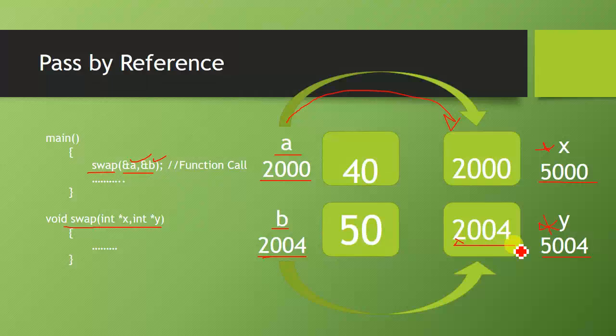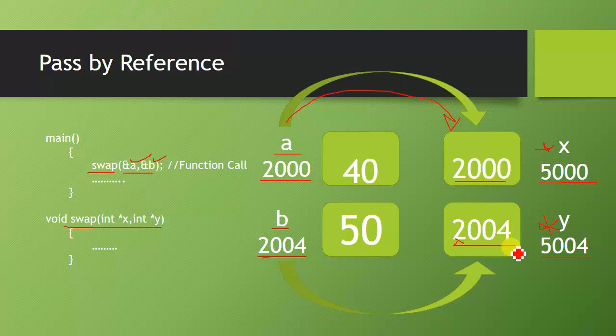Now if we perform some operations on x and y, those operations are being performed at memory locations 2000 and 2004.